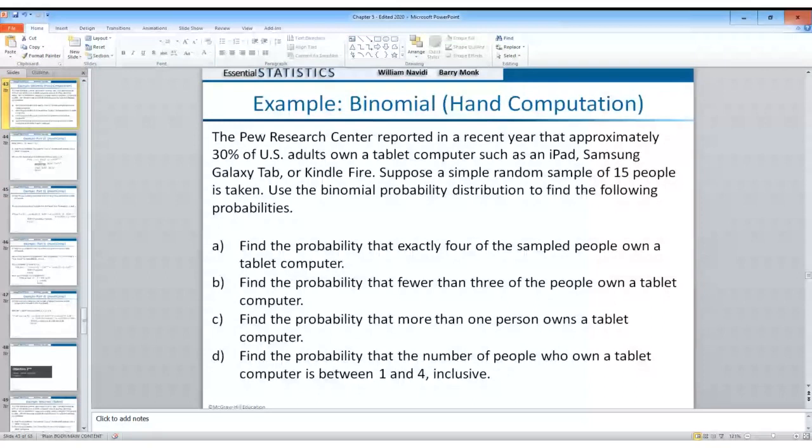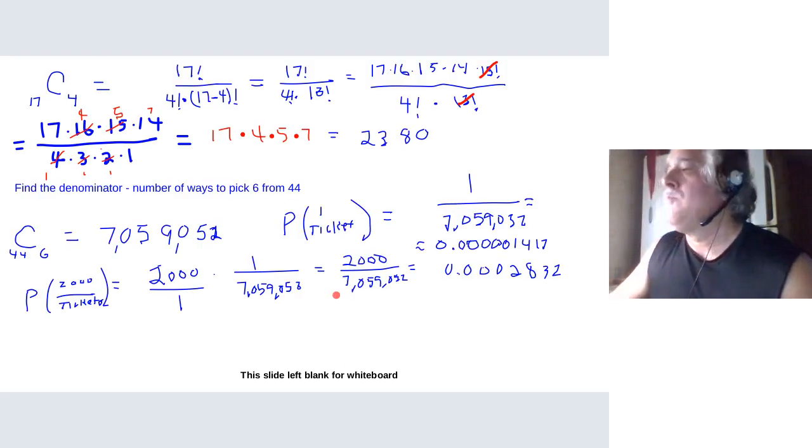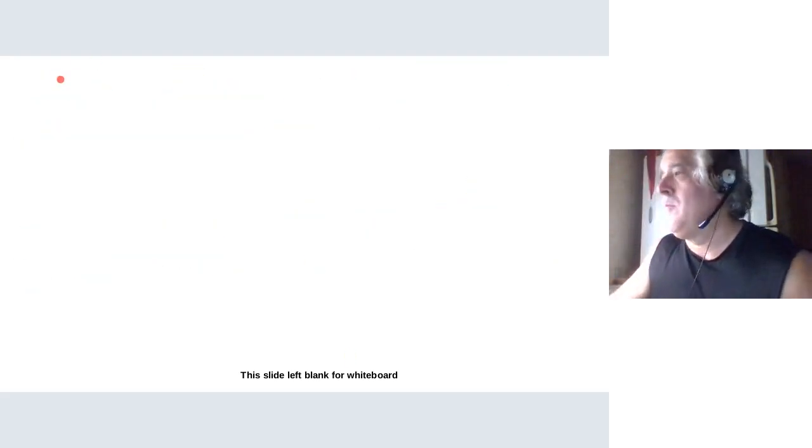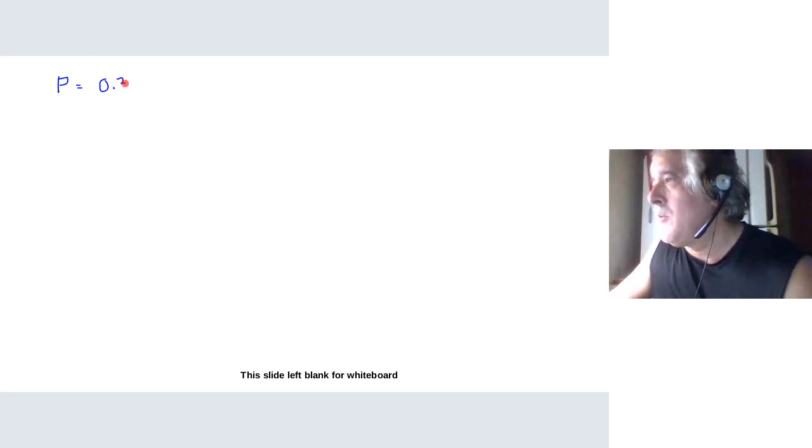So I'm going to write over here on the board what we know and what's important. All right, so the probability is 0.3. That's the 30%. And we know that n, which is the number of trials, was 15. That was what it was, wasn't it? 15.